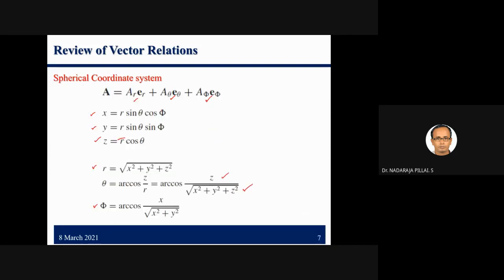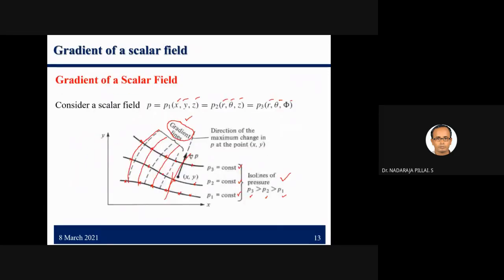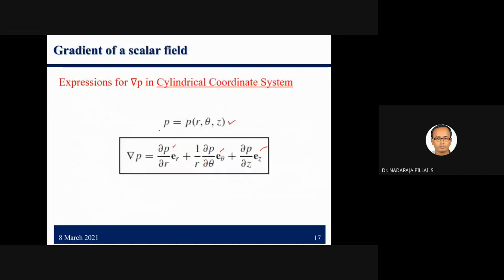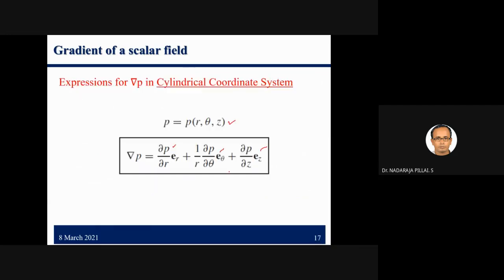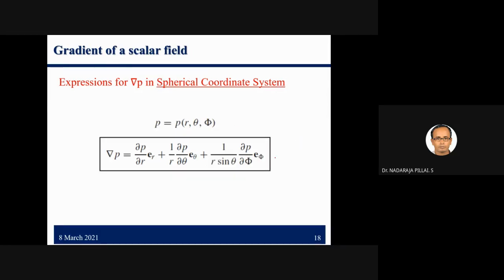And in the spherical coordinate system, x is r sin theta cos phi, y is r sin theta sin phi, and z equal to r cos theta. And hence, whenever we go to the gradient of a scalar, we have the Cartesian coordinate system, the cylindrical coordinate system and the spherical coordinate system represented in terms of r, theta, and phi. So the gradient of a scalar field.